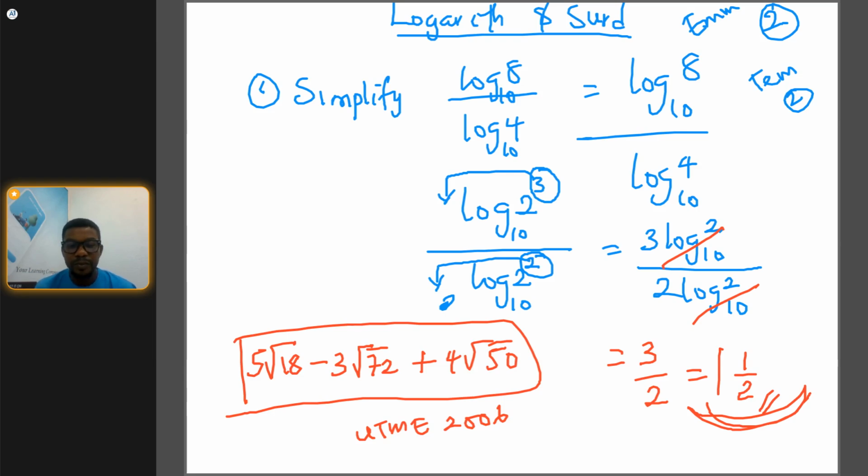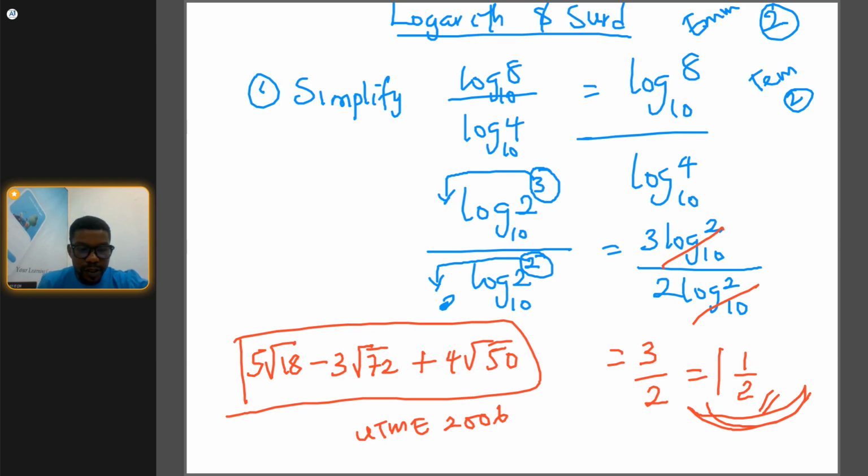I'll be waiting for you. Simplify this in surd form. Waiting for your response. I believe we are solving it.